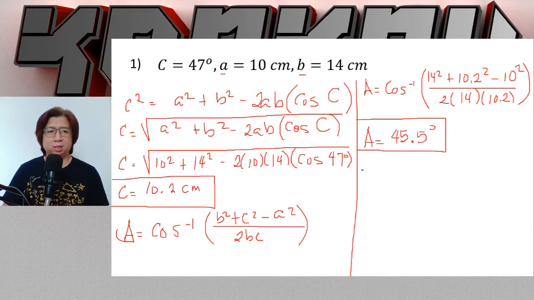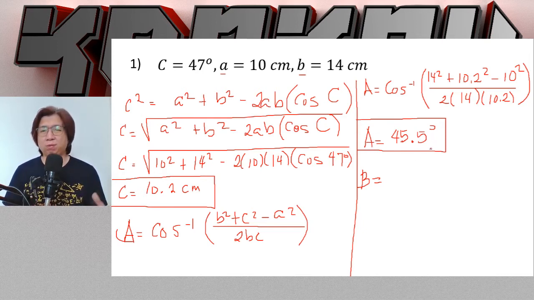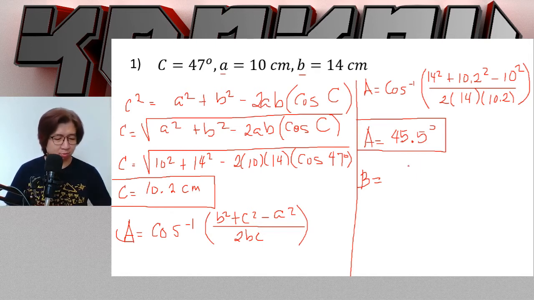For angle B, you can use the method of subtraction, which is 180 degrees minus 47 we have here, minus 45.5 degrees. You can use that method, but again, I want to use the law of cosines for this video.